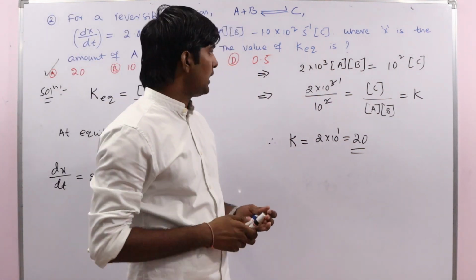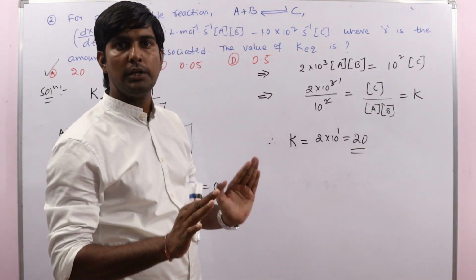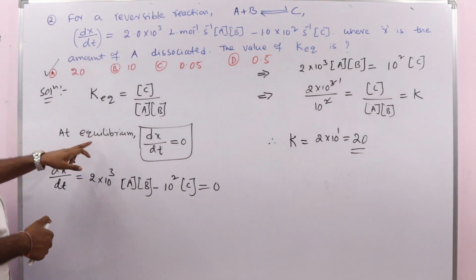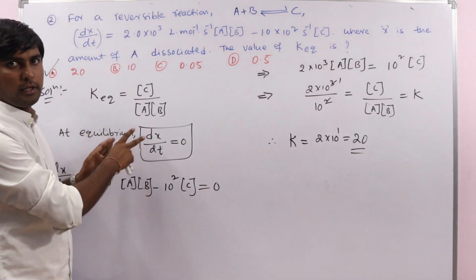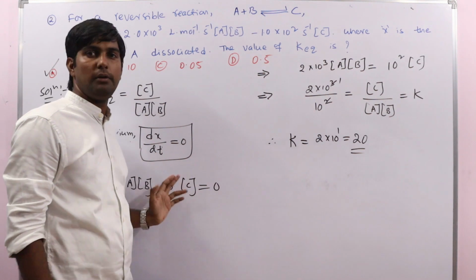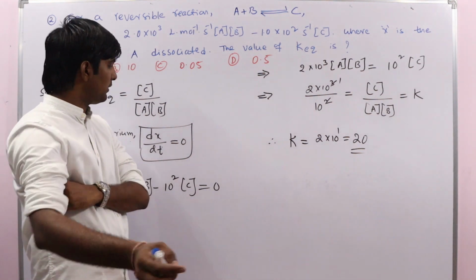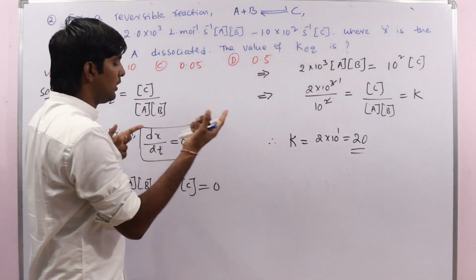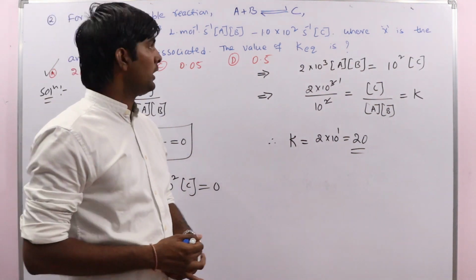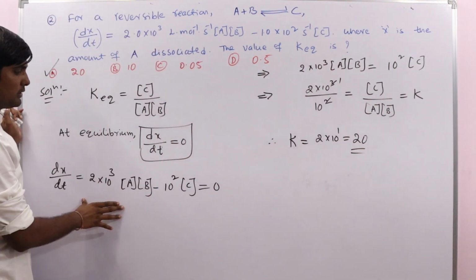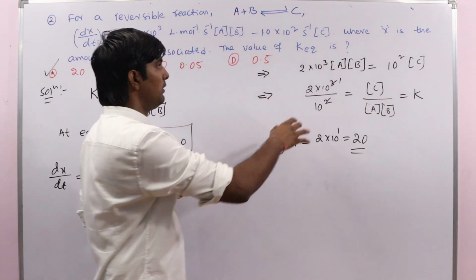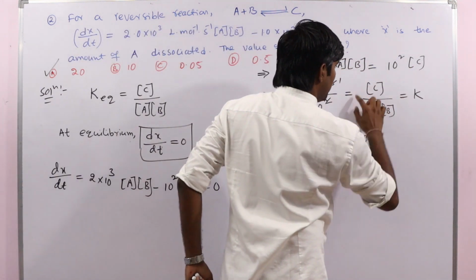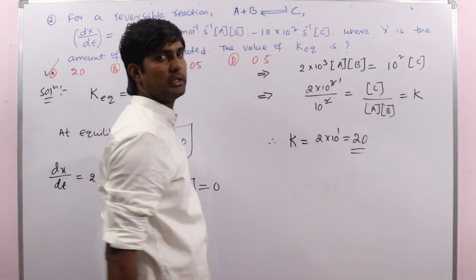Clear? This is also very important, very simple. This is the condition at equilibrium: there is no change in the concentration with change in time. That's why we are taking dx by dt equal to 0. Simply write this equation, and after rearrangement we get the equilibrium constant expression for this reaction.